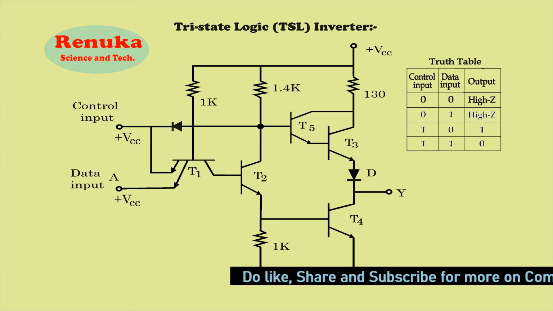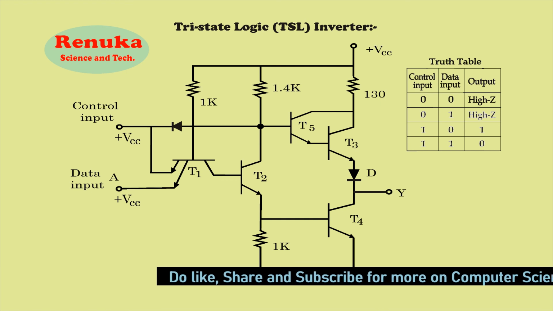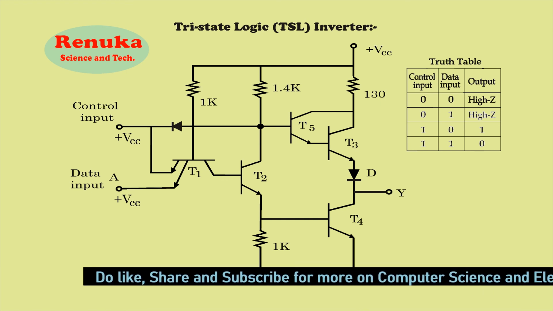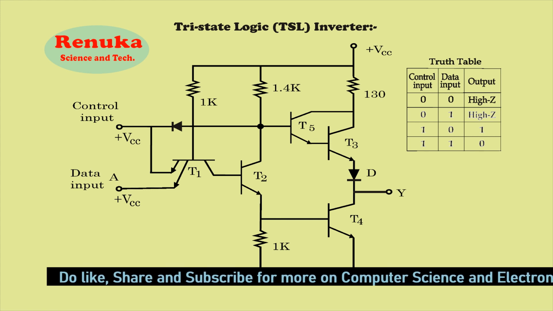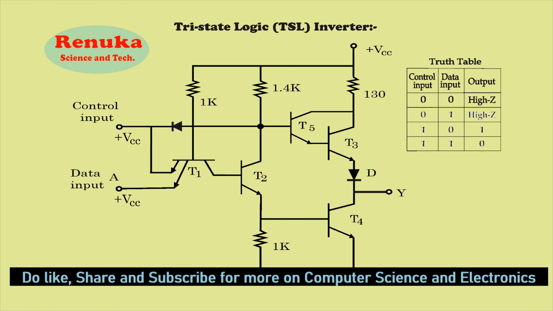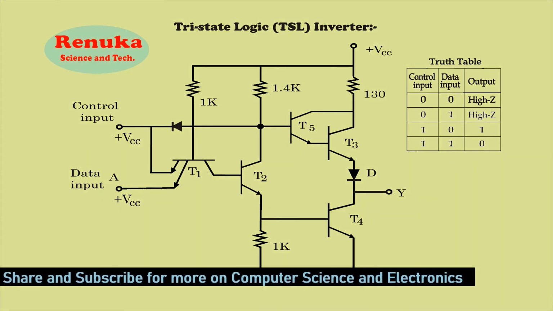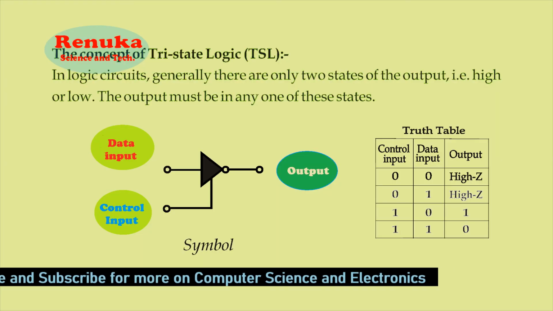But if the control input is connected to logic 1, it will behave like a normal NOT gate. So if 0 is connected, we are getting 1 at the output. If 1 is connected, we are getting 0 at the output. So it will behave like a NOT gate. So this was the working of the tri-state logic circuit.